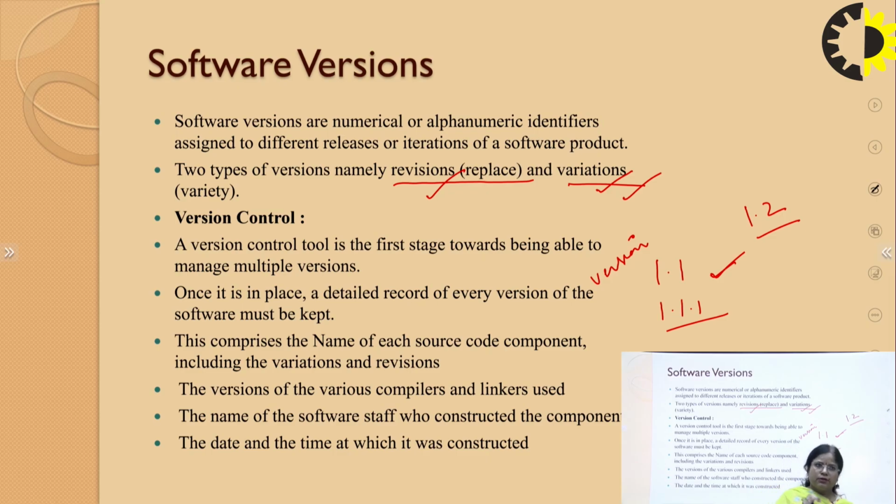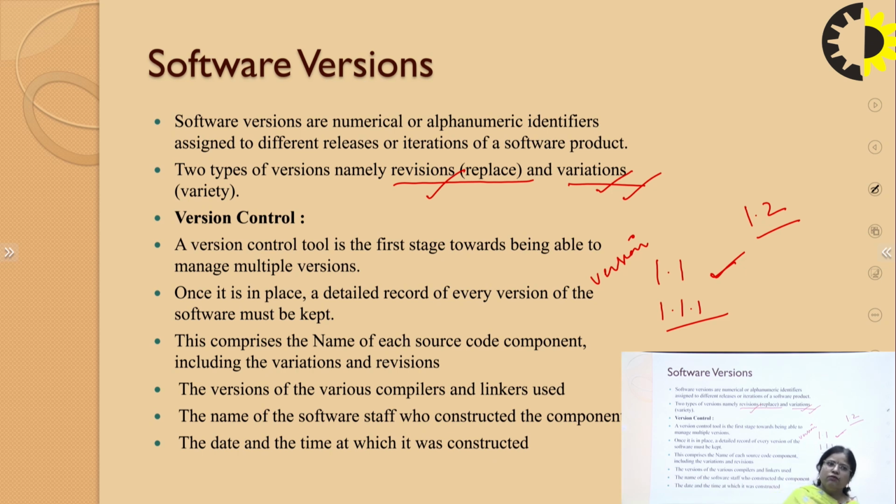Once software configuration management takes place, a detailed record of every version of the software must be kept. This comprises the nature of the source code. We need to save all the source code components and their variations and revisions.